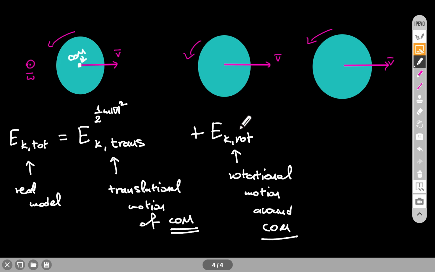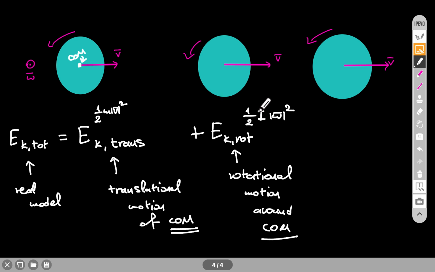And the expression that we have to calculate EK rotational is 1/2 I times the angular speed squared. You can see it is analogous to 1/2 mv squared. Instead of the inertial mass, I have the moment of inertia I, and then instead of the linear speed, I have the angular speed squared, but it has a similar form from what you can see.